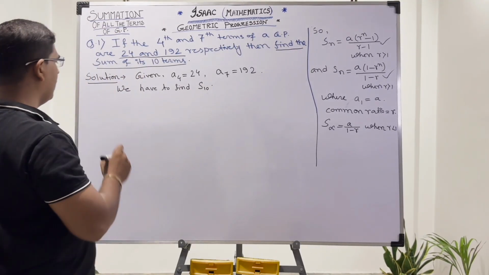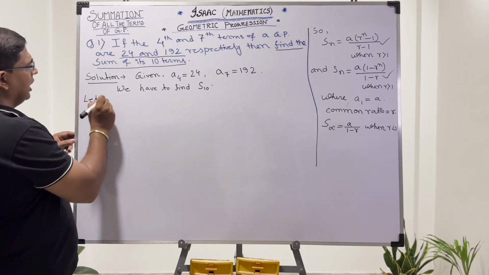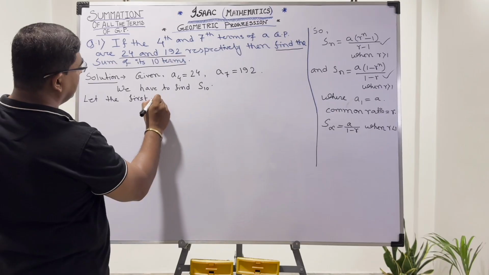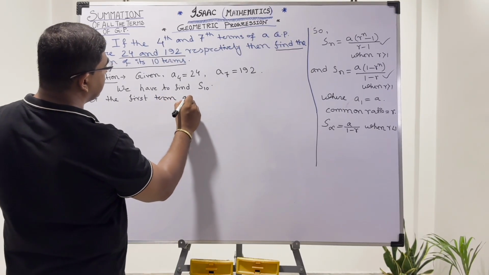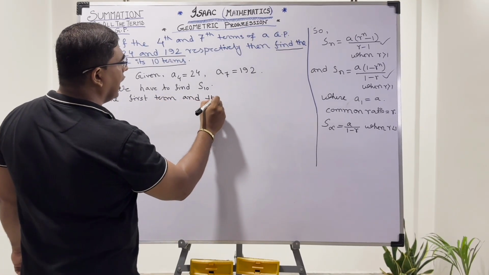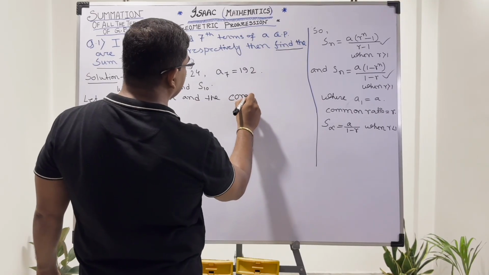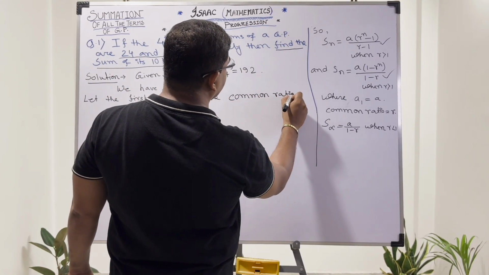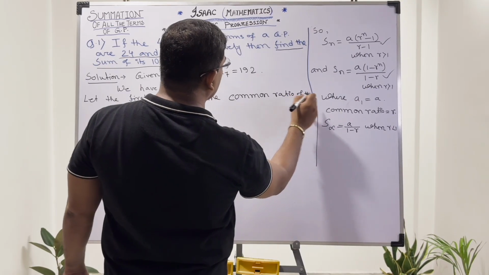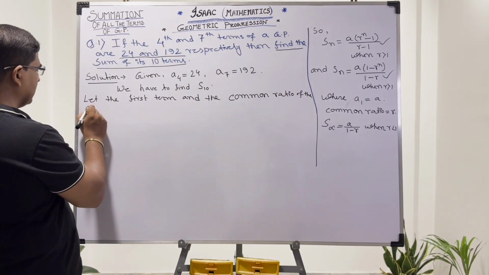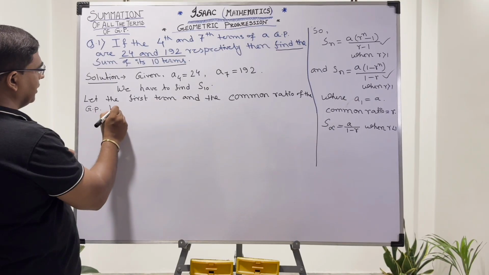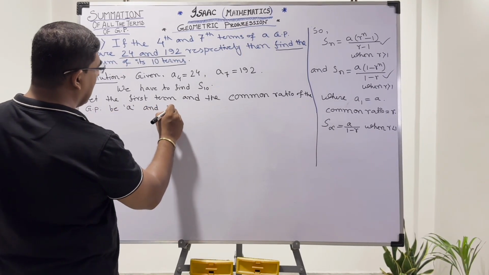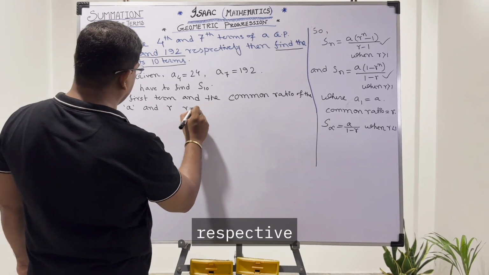Okay. Let the first term and the common ratio of the GP be A and R respectively.